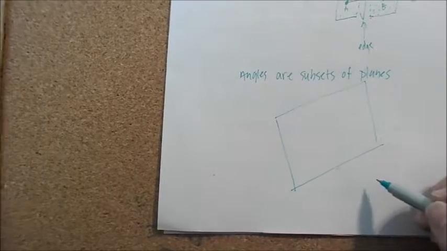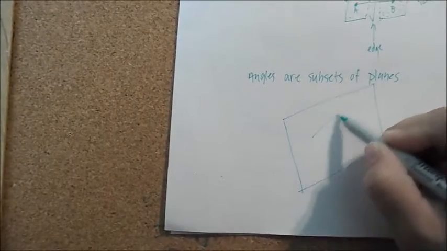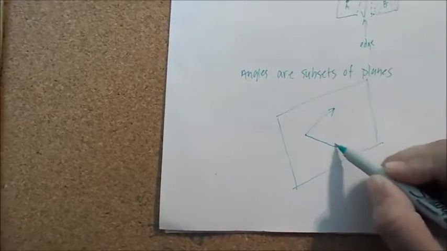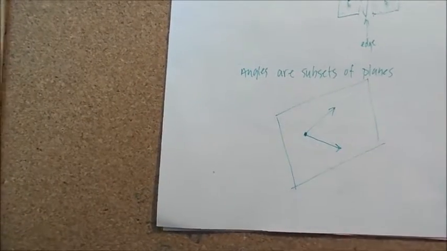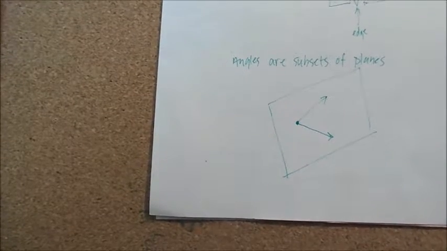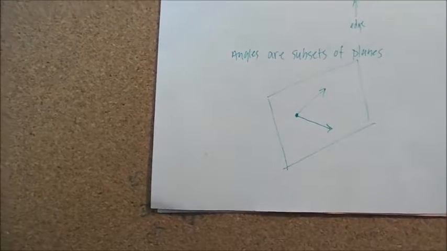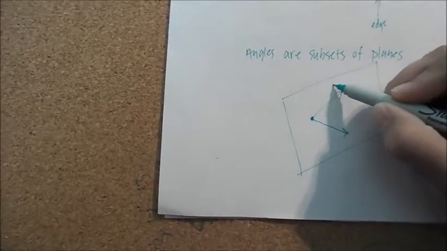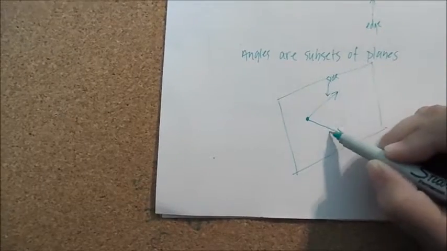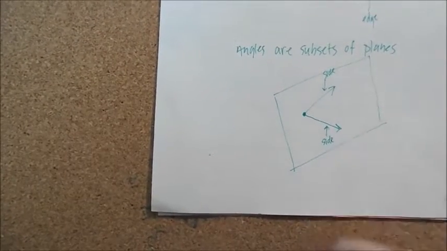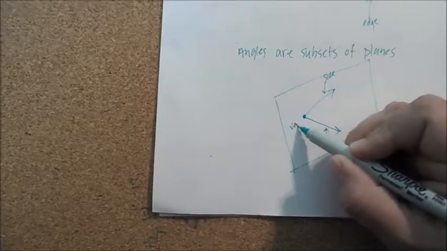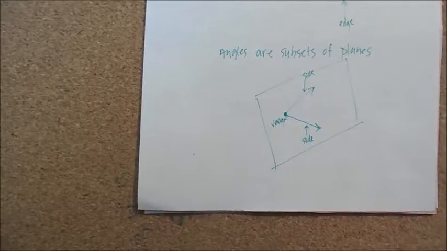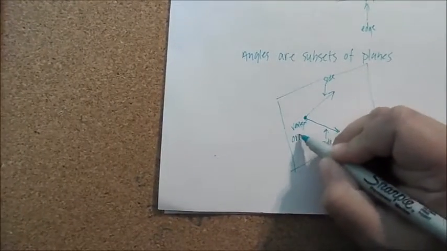Let me draw a plane out here. If I have two distinct, which means different, rays, and they have a common endpoint, then you have formed an angle. The sides of an angle are the two rays that form the angle. So this would be considered a side, and this one is the other side. The vertex of an angle is this point right here. It's the common endpoint. Sometimes it's also called the origin.